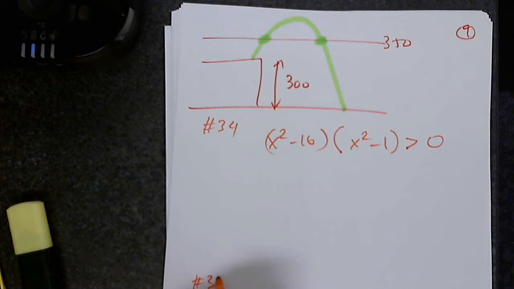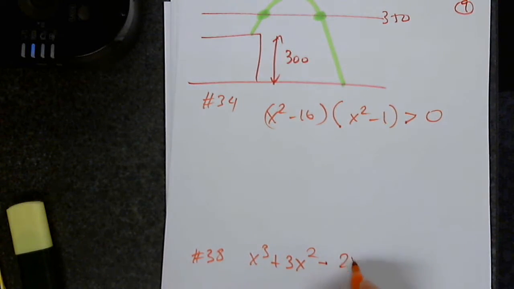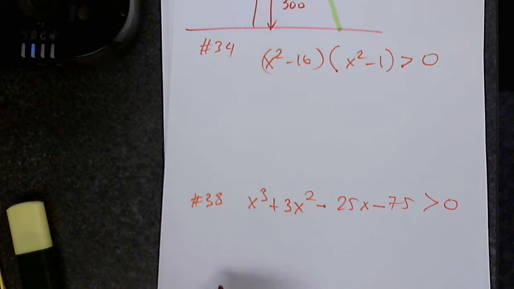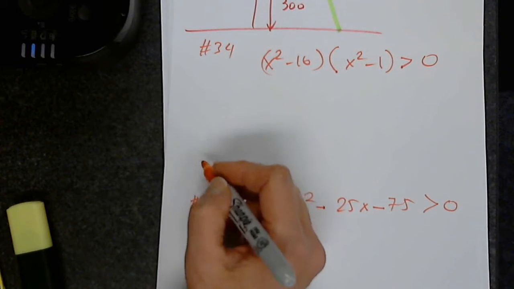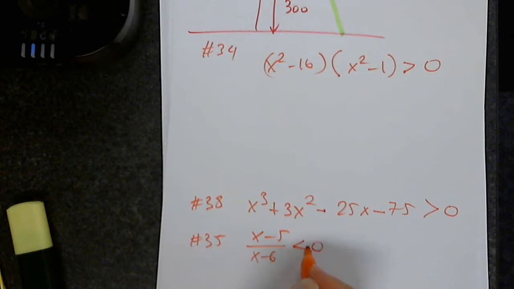And then let's look at 38. X to the third plus 3x squared minus 25x minus 75, also greater than 0. And the last one, 35. X minus 5 over x minus 6 less than 0.